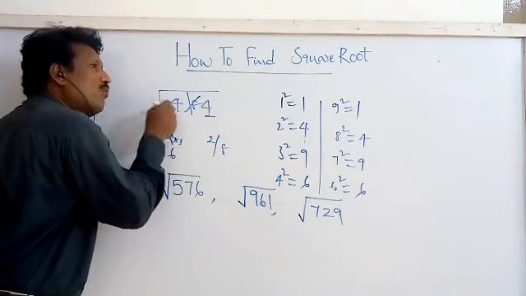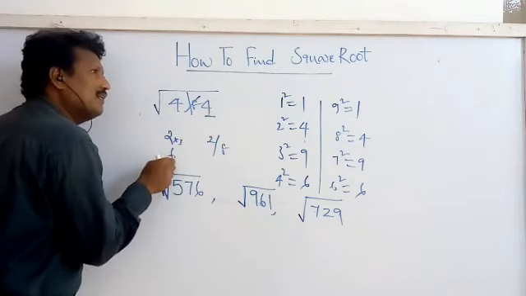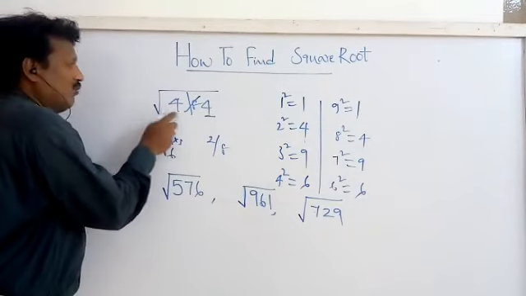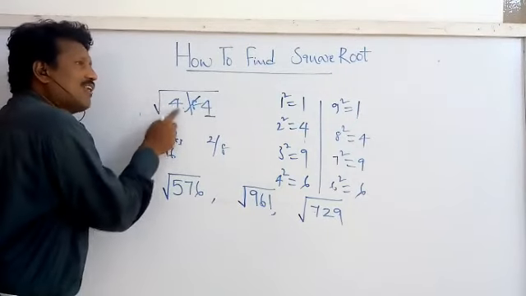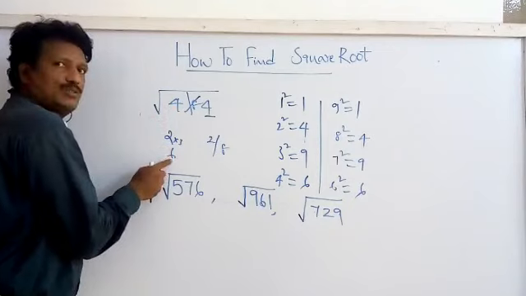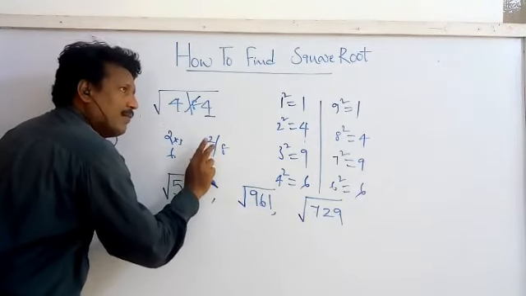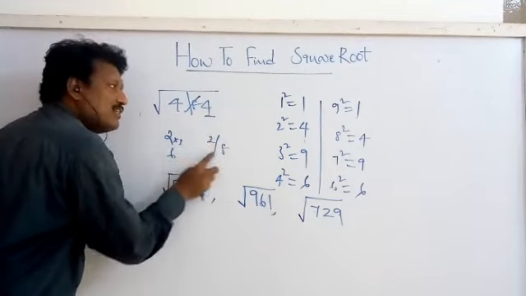If this value is more than this value, that means here we have to take a more value. See, here 4 and 6. This 4 is less than 6, so we should take a less value. That means either 2 or 8, the less value is 2.